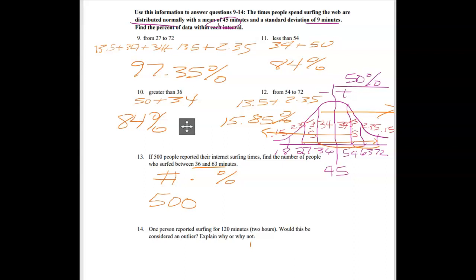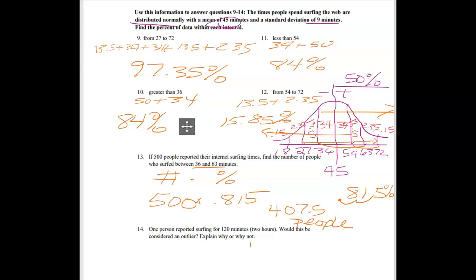So we've got 34 plus 13.5, which is 81.5%. We change that to a decimal, move it 2 to the left, or divide by 100, so times 0.815. Which is 407.5 people.